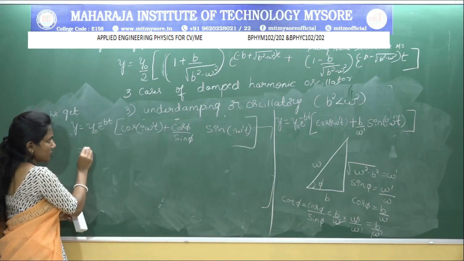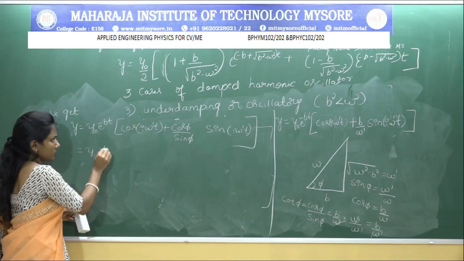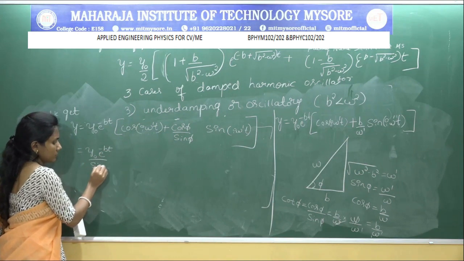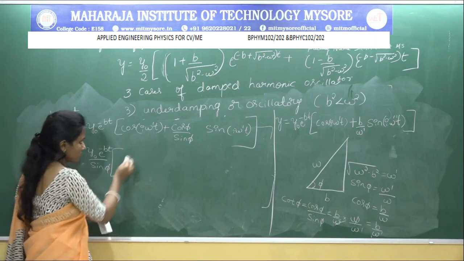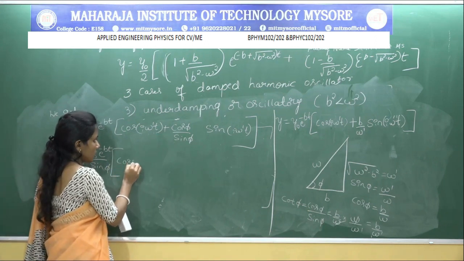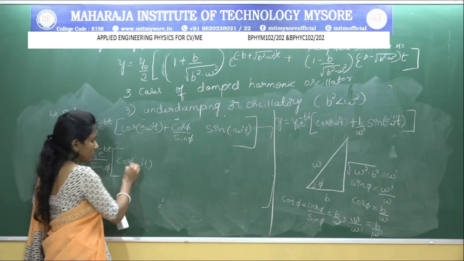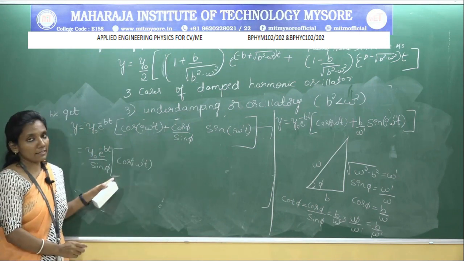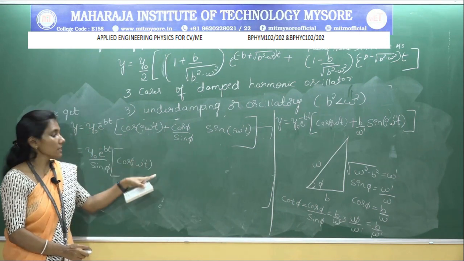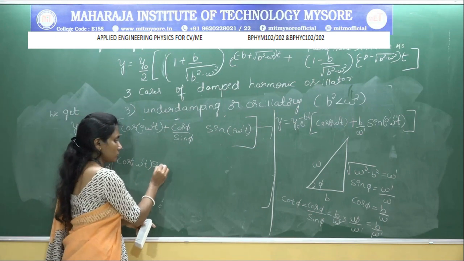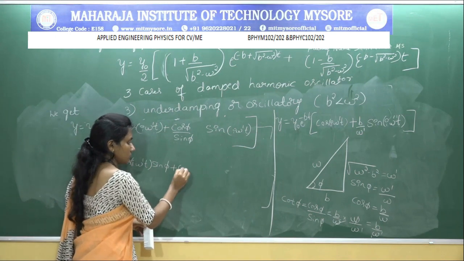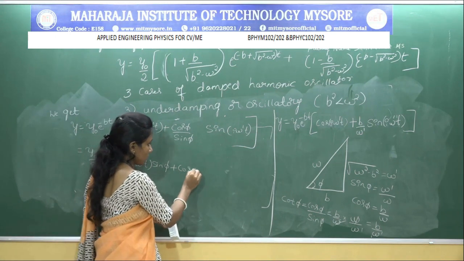Here take the sin φ outside, then what we will get for further simplification is cos ω't, and when we take the sin φ outside, the first term will be multiplied with sin φ.